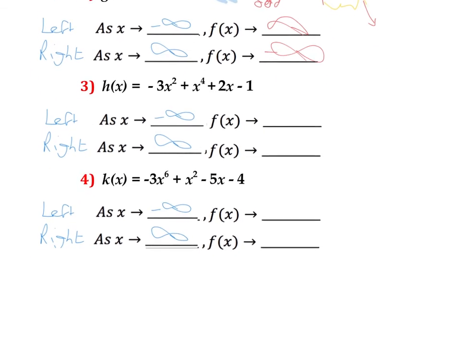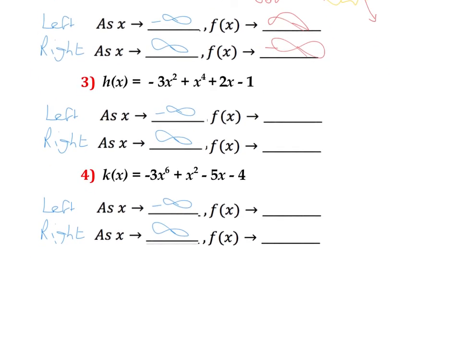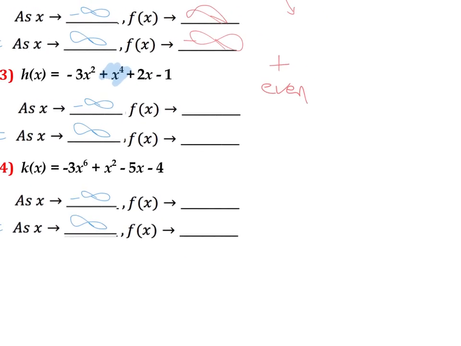Number 3. Again, not written in standard form, so I need to find the highest exponent right here, x to the 4th. That x to the 4th term is positive, and the degree is even. The fact that it's positive tells me the right arrow is pointing up.